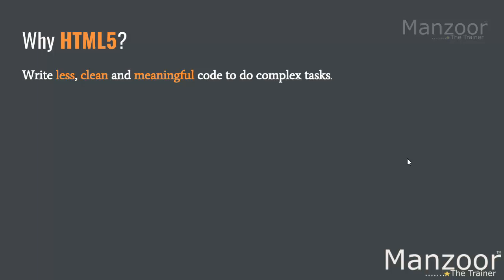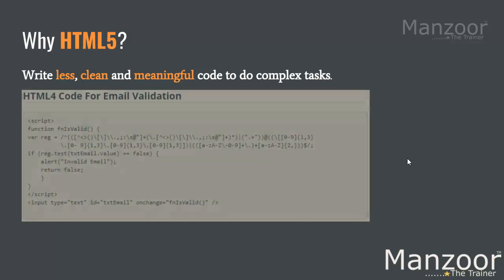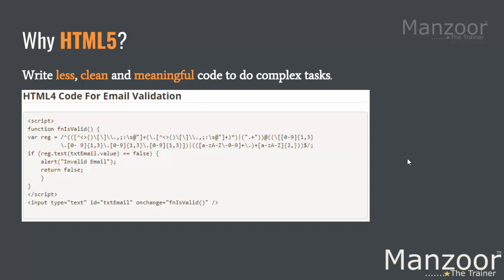Say I have a text box and I want to validate that it contains a valid email. In the earlier version of HTML, I need to write JavaScript code along with it. You can see input type equals text, ID is txtEmail, and onchange, that means if I type something, I call fnIsValid.